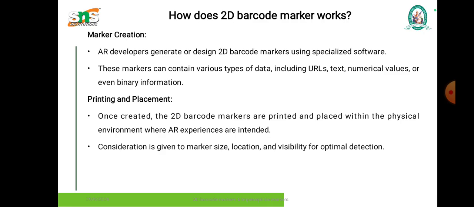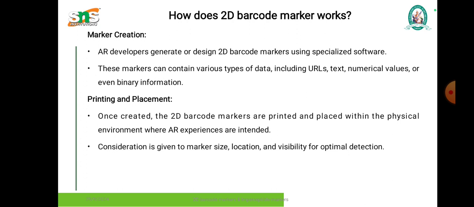These markers can contain various types of data including URLs and text, numerical values or even binary information. We can use these types of data to create a barcode with the help of specialized AR software.